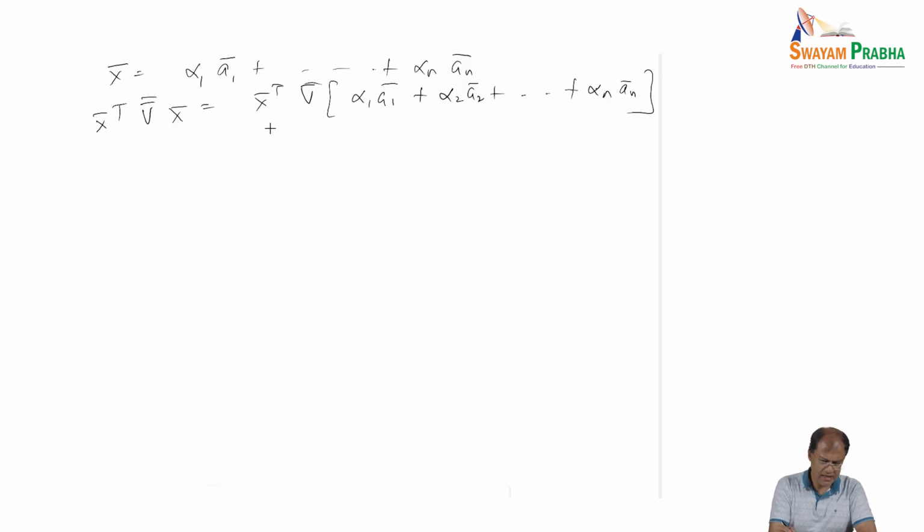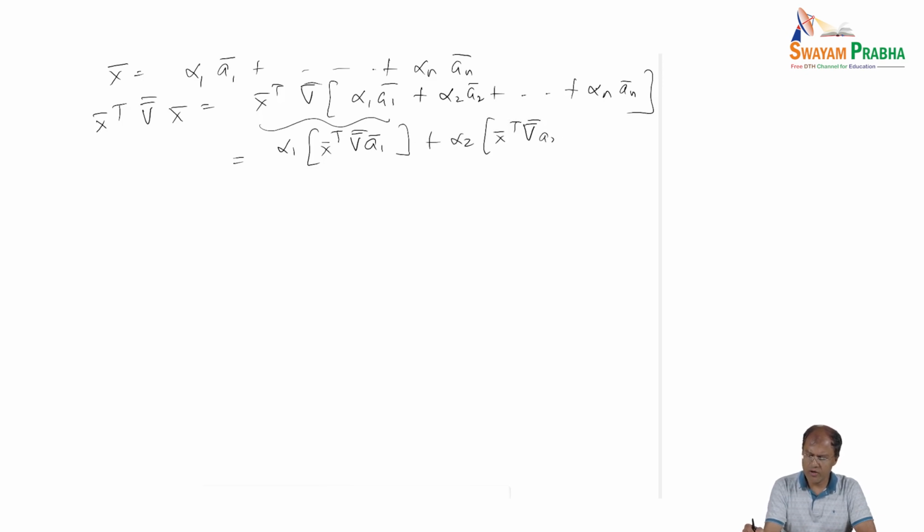Let me now distribute this matrix multiplication. We see that this is alpha 1 times x transpose V a1 plus alpha 2 times x transpose V a2 and so on plus alpha n times x transpose V an, right?